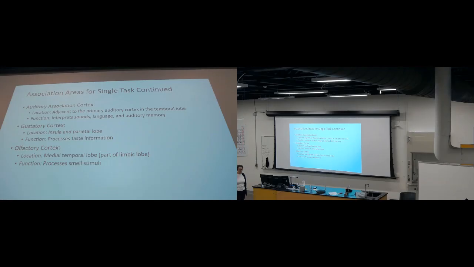And then just as the other two, where we have secondary areas, in the audition sense we also have a secondary area, an auditory association cortex. This one is also located in the temporal lobe. It's adjacent to the primary auditory area, and it helps to interpret sounds, language, and auditory memory.